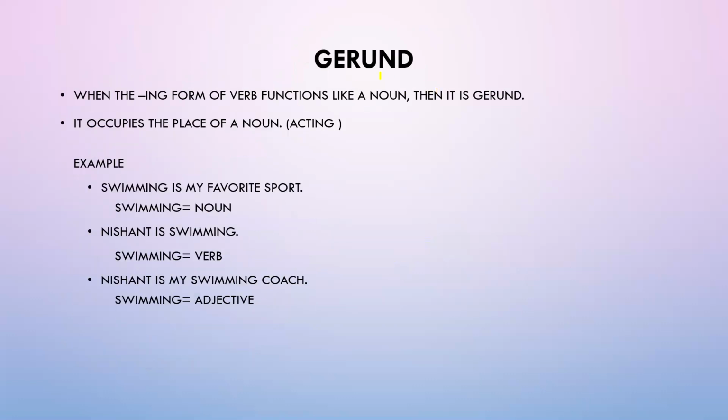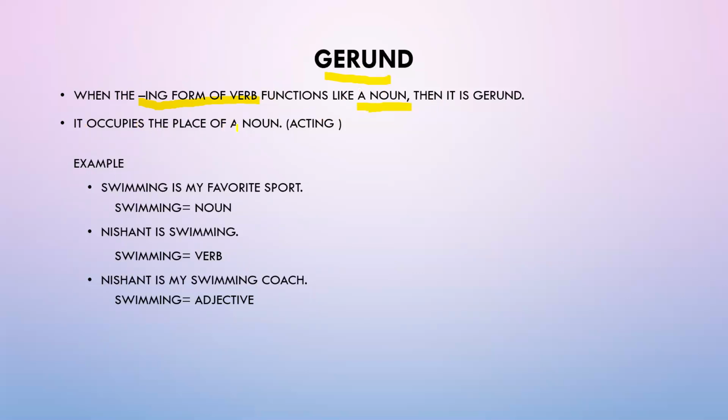Next is gerund. Gerund is when the ing form of the verb functions like a noun. This we have to keep in mind. We will be getting confused between the gerund and the participle. But participles don't function like a noun, whereas gerunds function like a noun.